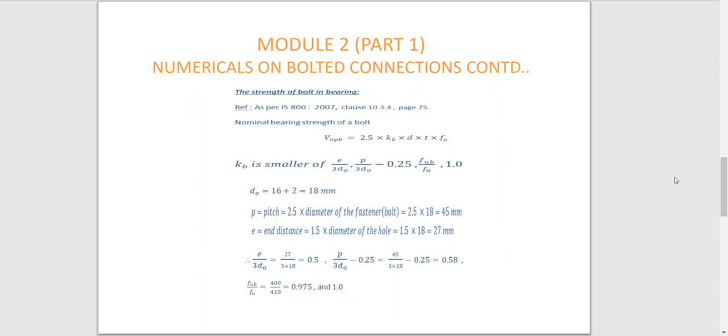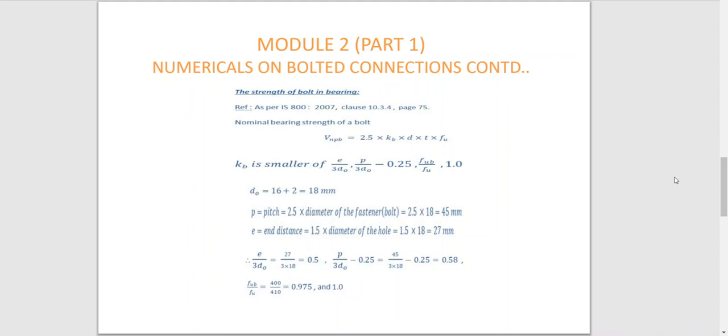The kb is the smaller of e upon 3d naught, p upon 3d naught minus 0.25, fub by fu, and 1. Among all these values, we have to take the smallest value.